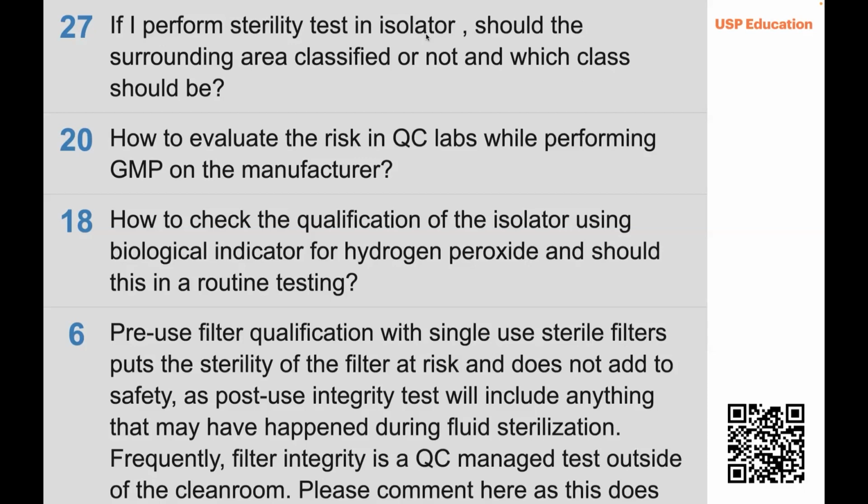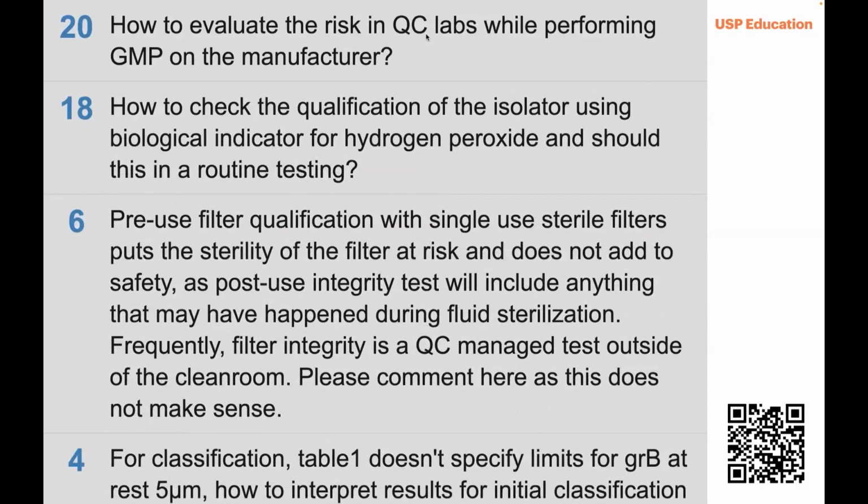If it's a closed isolator, the minimum is grade D. Remember that for grade D in operation, you determine by risk assessment what limits it has. So you have that little bit of flexibility there.